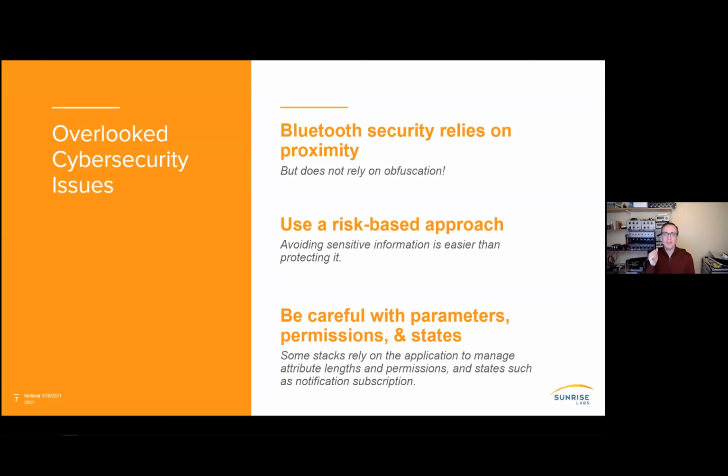So there are three levels of pairing built into the Bluetooth protocol. And there's more than three ways of breaching the security of a Bluetooth device. But the three levels of pairing are just works, a passkey, or out-of-band pairing.